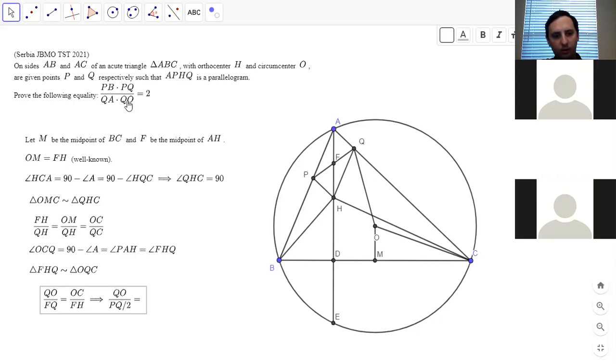Did I do this right? So OC is the radius, of course, but oh, we need that. We want that QHC and PHB are similar. We need to use that, right? Yeah.